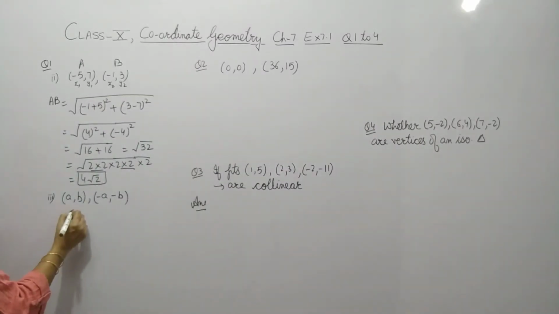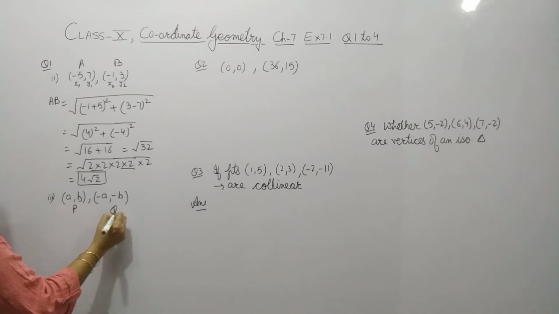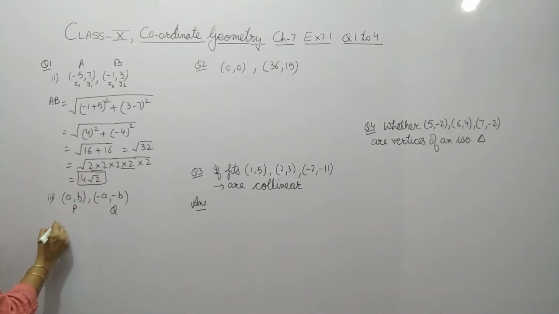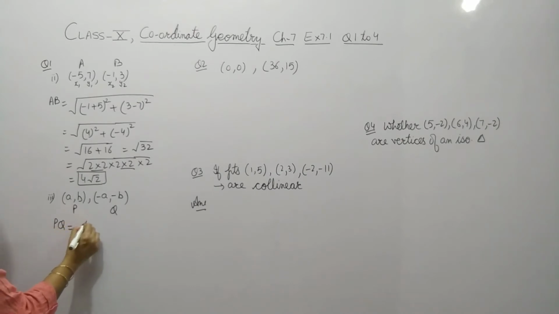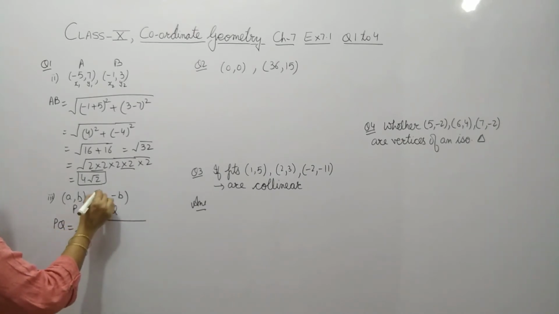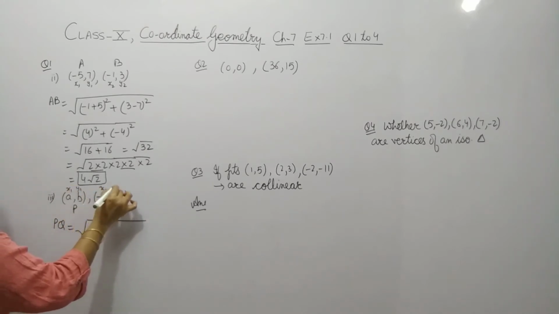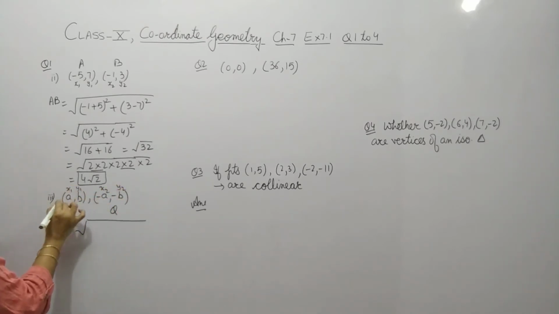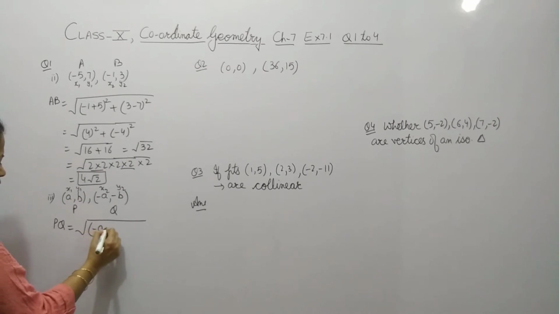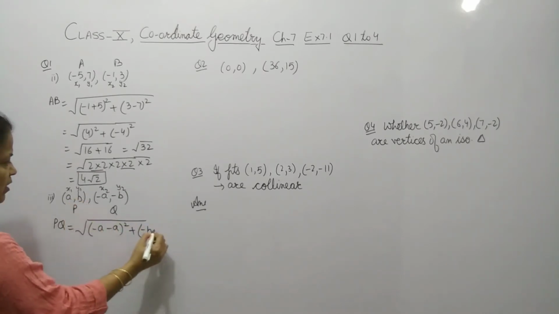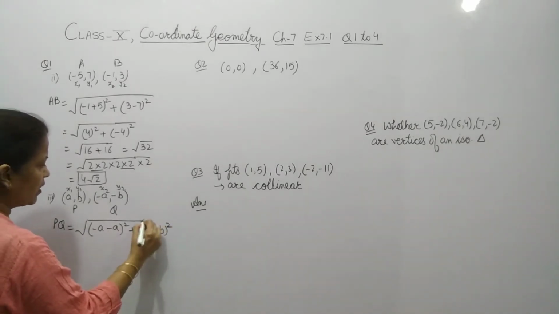Third part, again you can name it with any other alphabet, P and Q, the coordinates as P and Q. Now we have to find out the distance PQ. So this is x1, y1 and this is x2, y2. So (x2 minus x1), which is minus a, whole square plus (y2 minus y1) whole square.